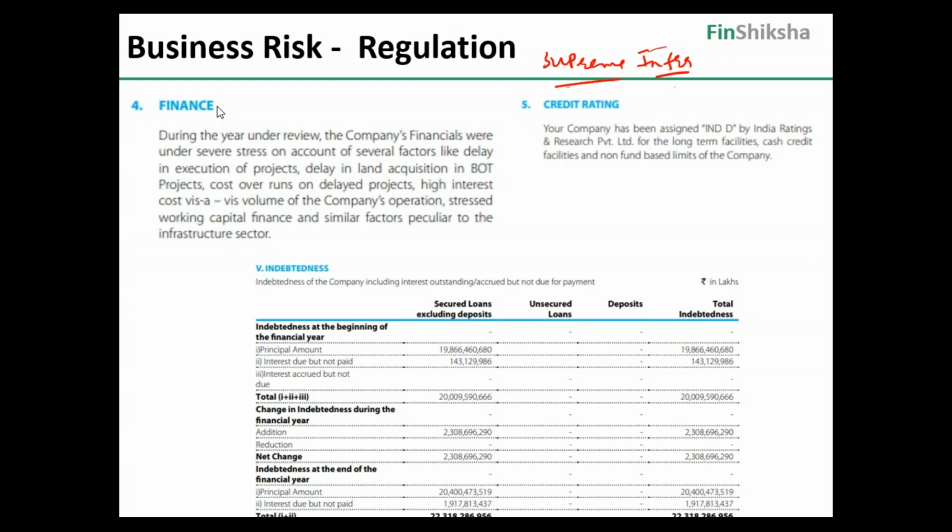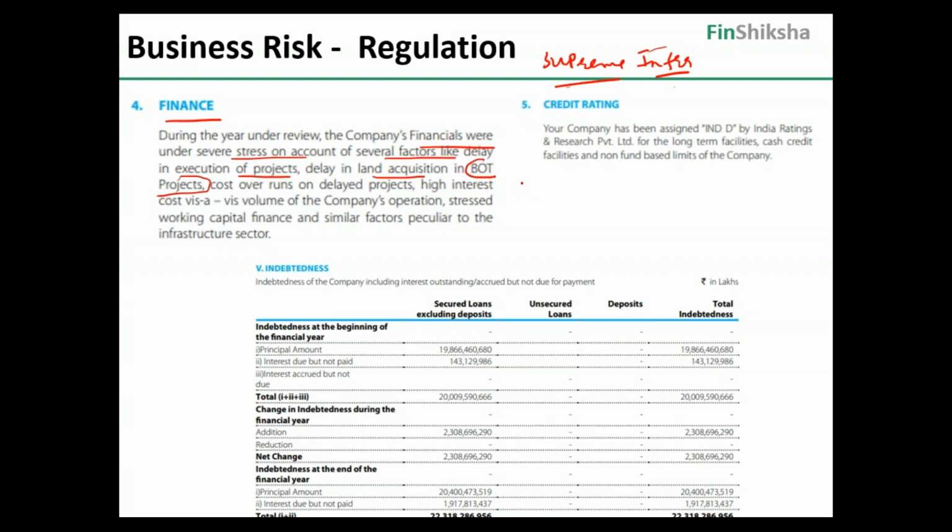Under the section where the finances were mentioned, they have clearly mentioned that the company's financials were under severe stress on account of several factors like delay in execution of projects. So execution capability is at risk. Delay in land acquisition because of regulation. BOT project is a terminology used in infrastructure projects. Build, operate, transfer is a kind of model which they operate.